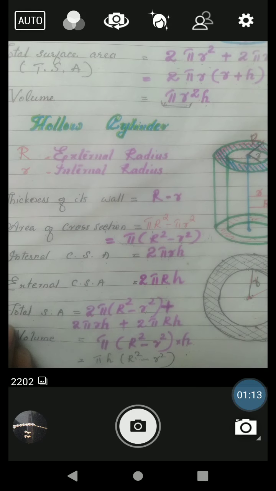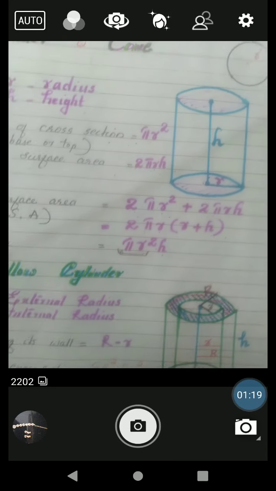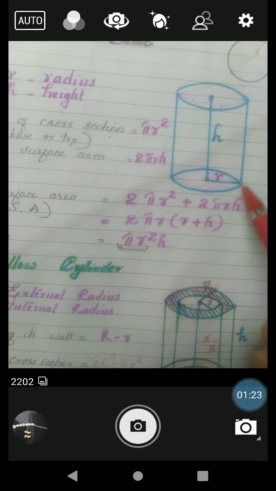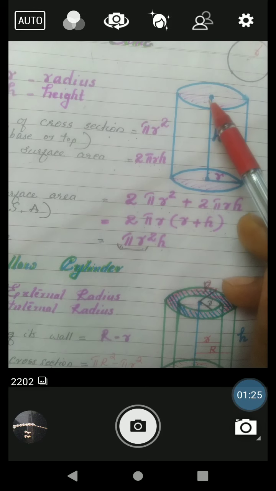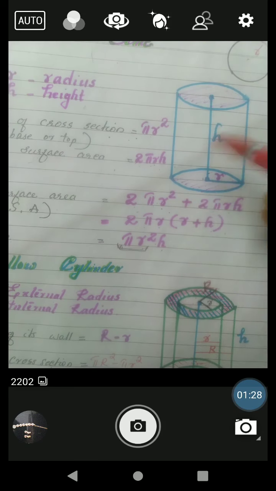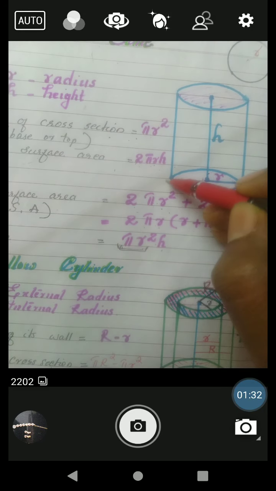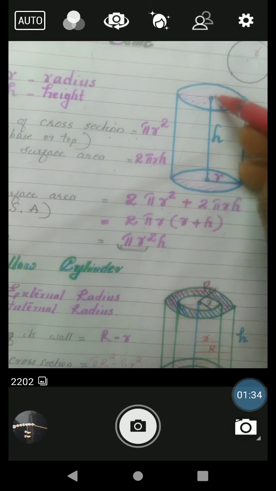Today we are going to learn about the cone, having the same base area and same height, that is base radius r and height h.